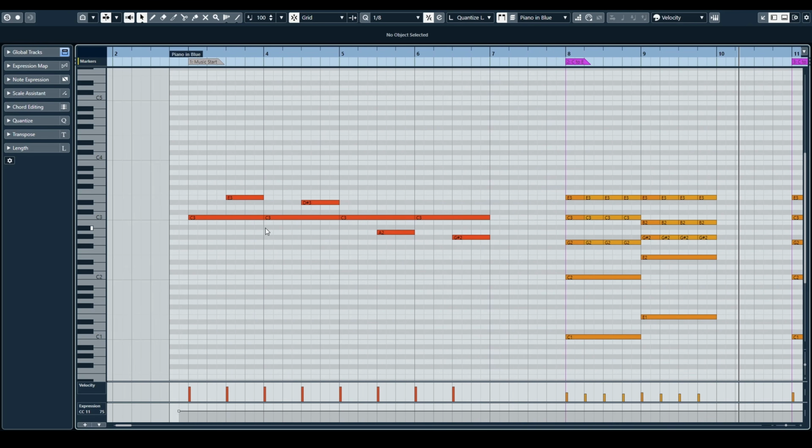Here we go. Just to explain the concept of what we're going to be doing, C is going to be our root key. That's going to be the first chord. And then the second chord is going to be one of the ones that is a third away. So the first one we're going to be looking at is the relation of C to E, so a major third.